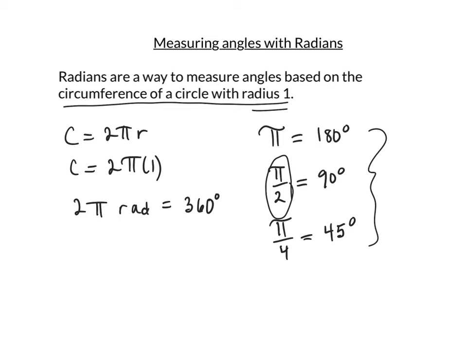So some other common angles you'll see, pi over 3 radians would be 180 divided by 3, that's 60 degrees. Pi over 6 radians would be 180 divided by 6, that's 30 degrees. These are probably the most common ones you'll see.